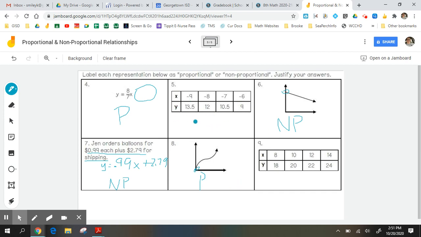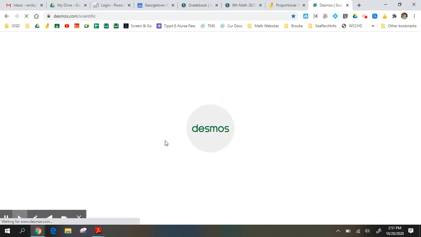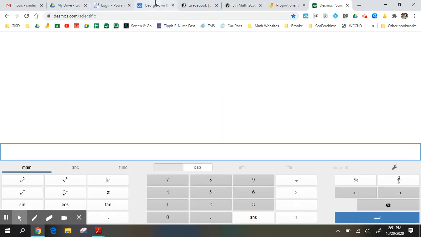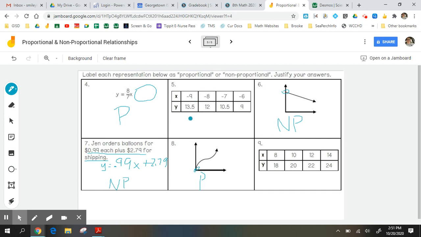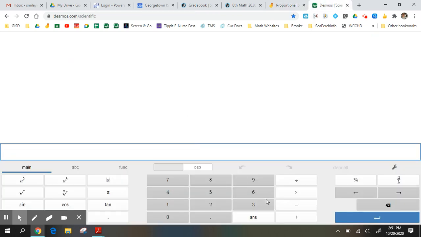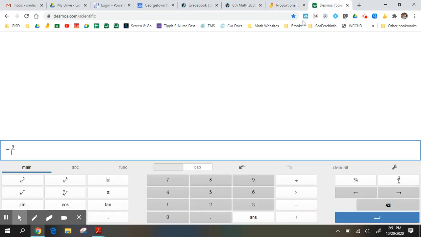All right, the last ones we have are tables. If we have a table of values, our ratio needs to stay the same. And what this means, let me pull up Desmos really quick for a calculator. So when we go and use this, I'm going to look at what is my x divided by my y for every single one of these on the table. So -9 divided by 13.5.